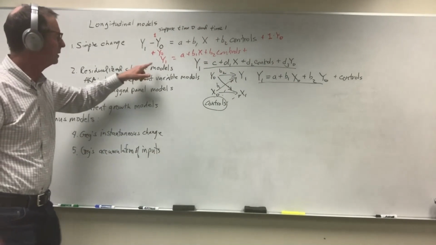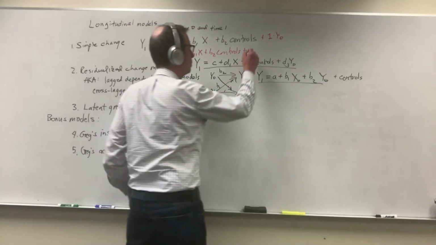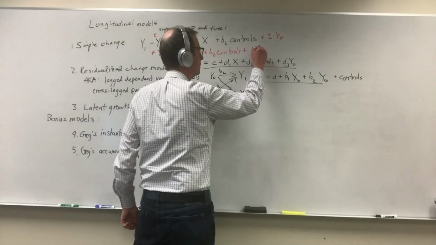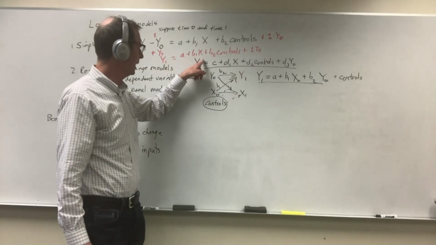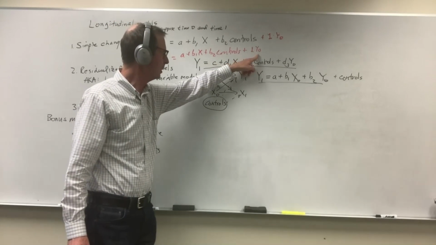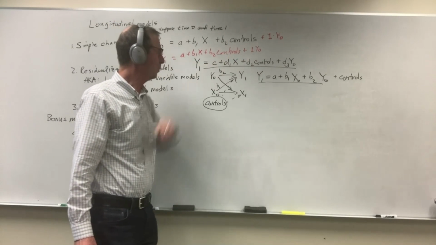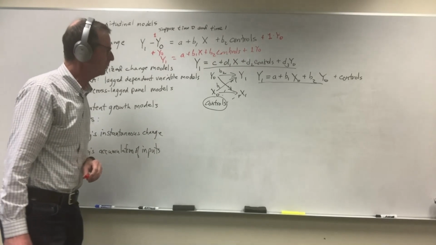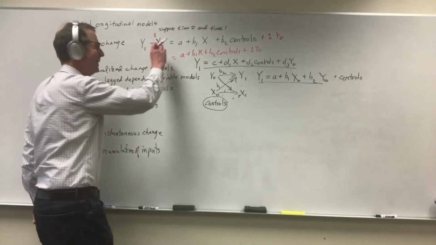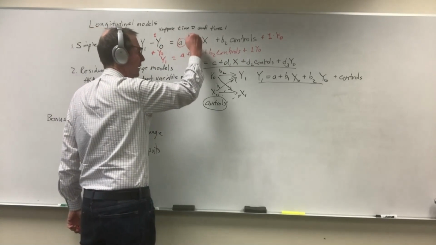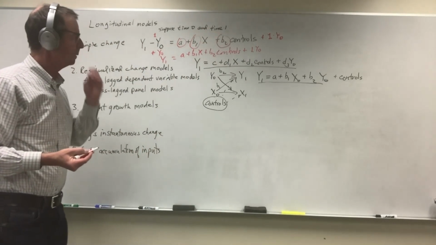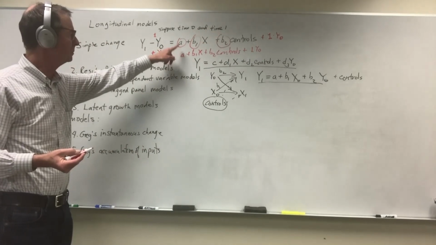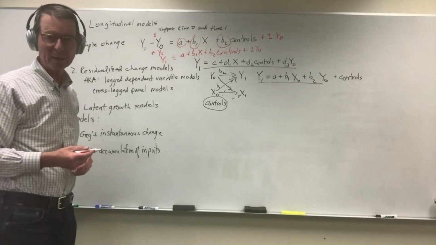If you run y1 as a function of x, controls, and y0, and force this coefficient to be equal to 1, you'll get exactly the same A, exactly the same B1, exactly the same B2 as you do when you run the change model.